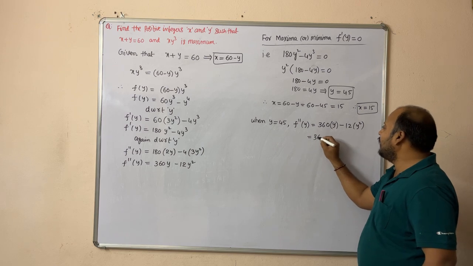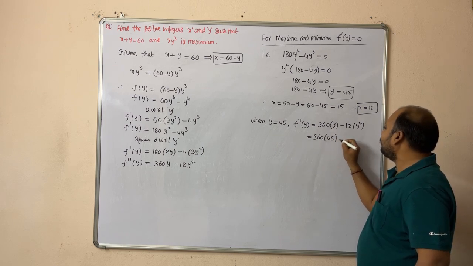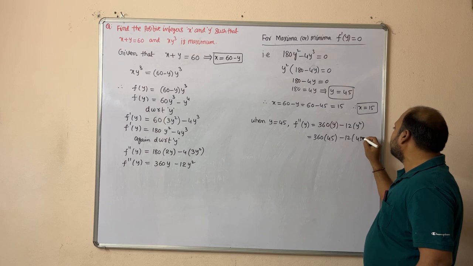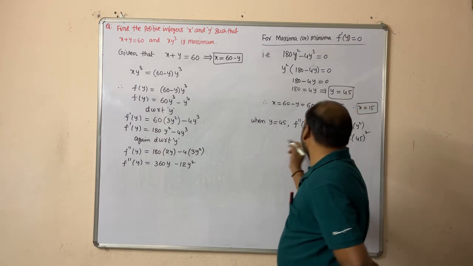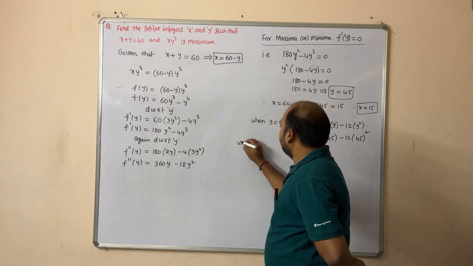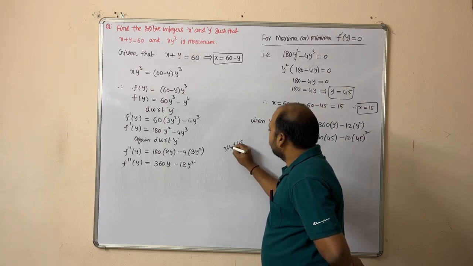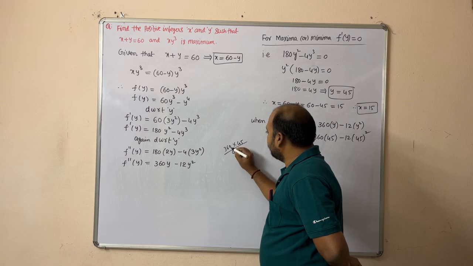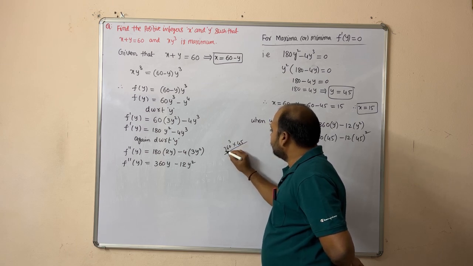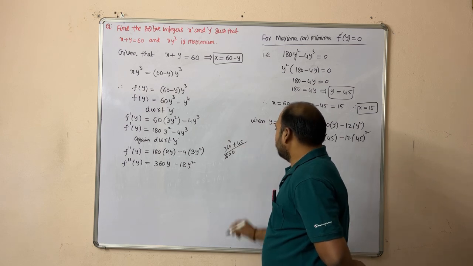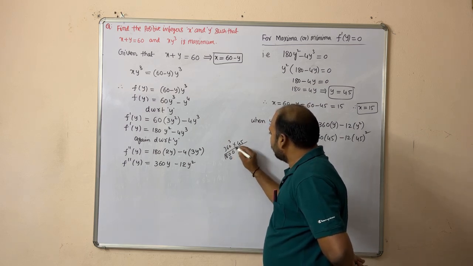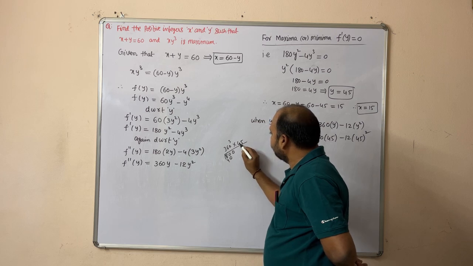So 360 into 45 minus 12 into 45 square. First we need to multiply 360 into 45.